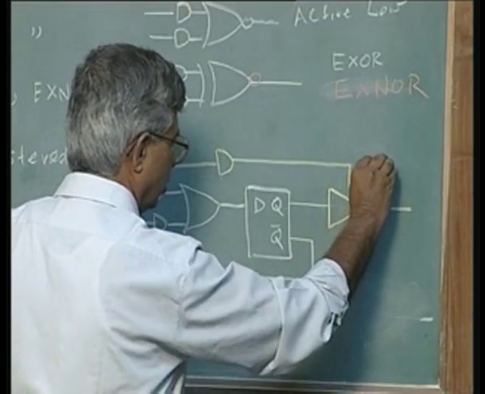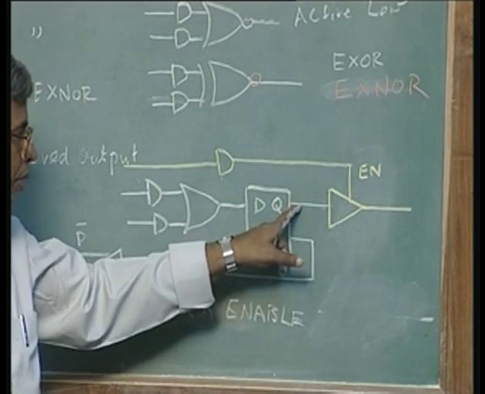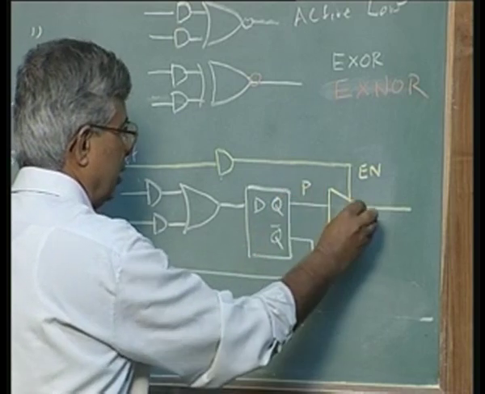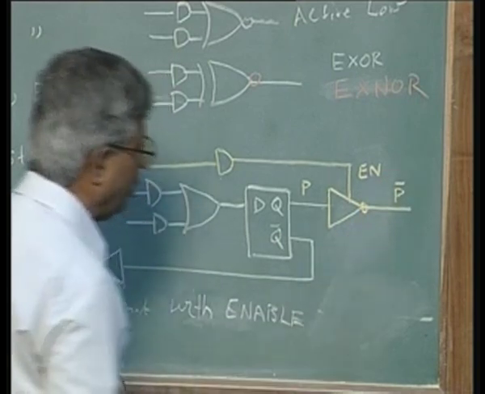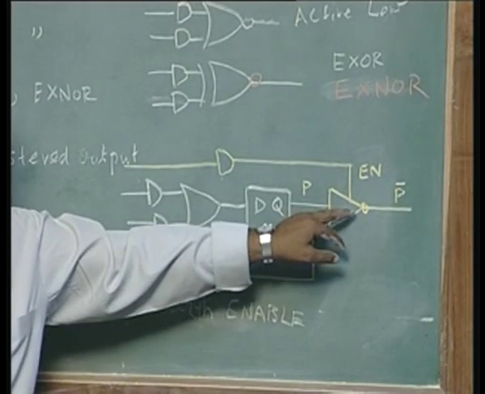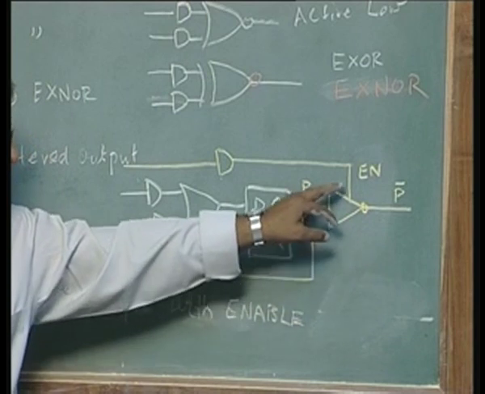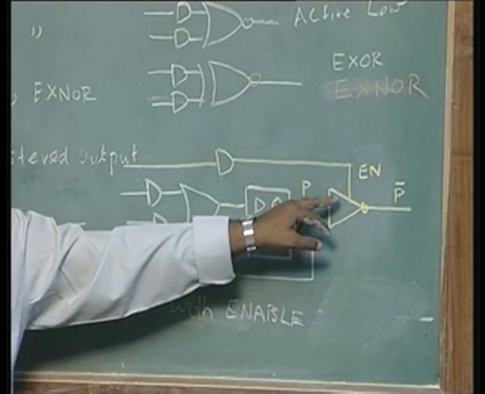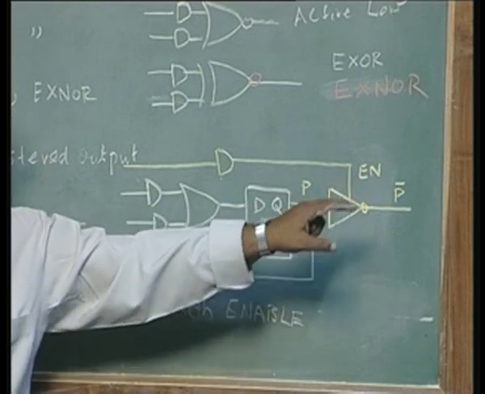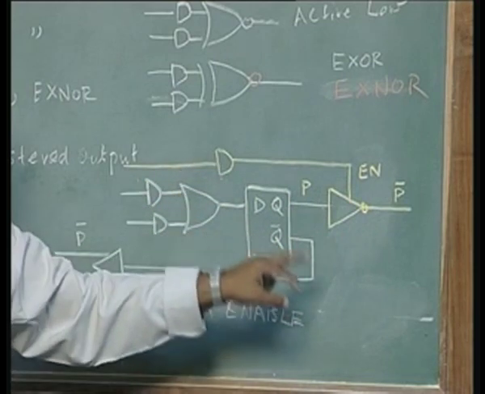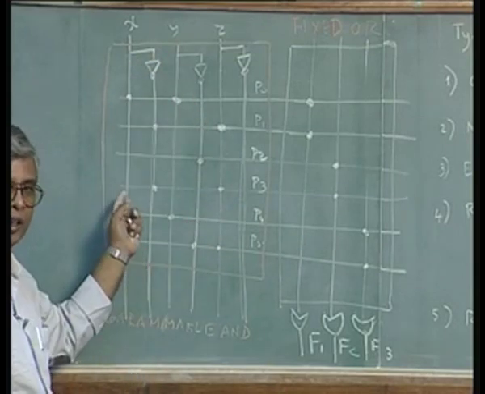So, if this enabled signal is high, this buffer will be enabled, the output P will be available here. Usually this is a buffer with an inverter, so this is P bar. If you do not want that, you can disable this. So, I have a choice of using this output or not by enabling this buffer, and this enable function is not a fixed function, it can be a function of the input variables, because this enable function also can be generated using the same combination logic array here.